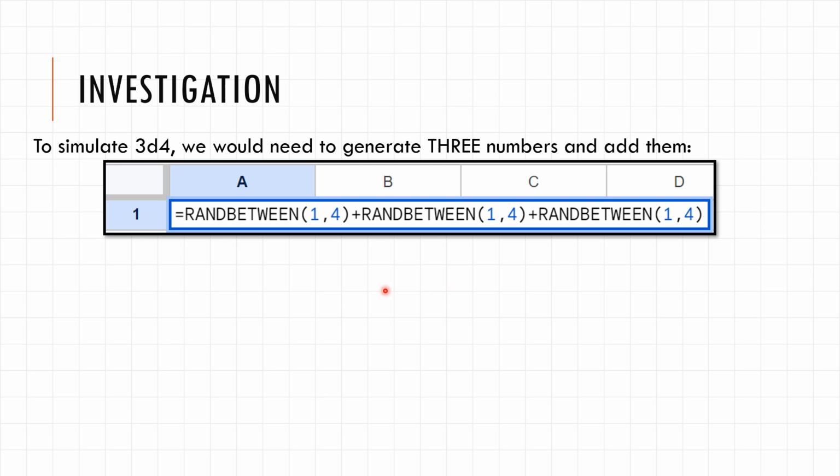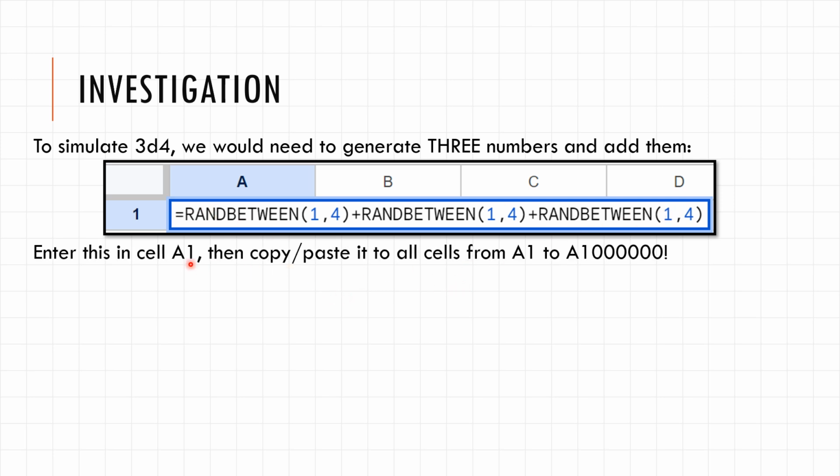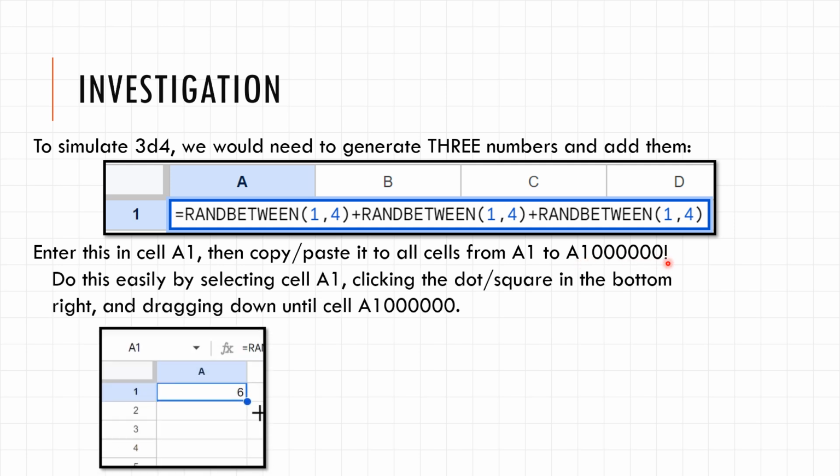So what we're going to do is enter this formula in cell A1. So this is going to be a roll of 3d4. And then I'll copy this formula and paste it to all of the cells from cell A1 to cell A1 million. I can do this really easily just by clicking this little circle, or sometimes it's a square, and dragging it down, and you notice that it's filling out all of these with the same formula.